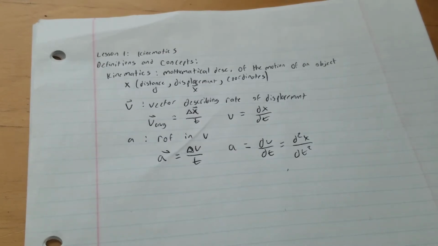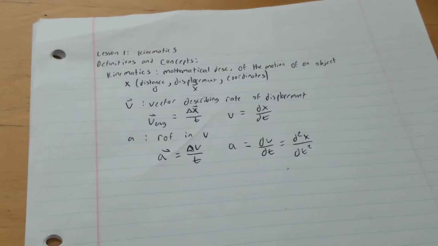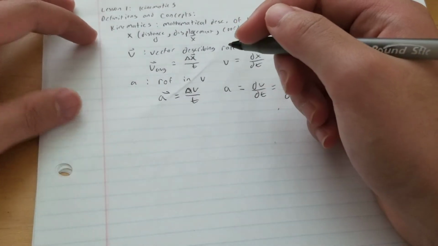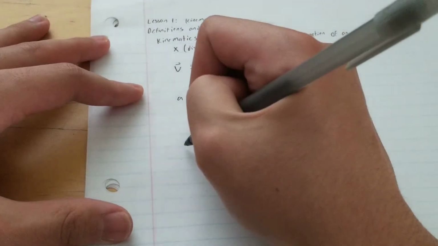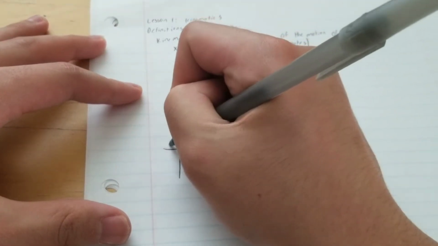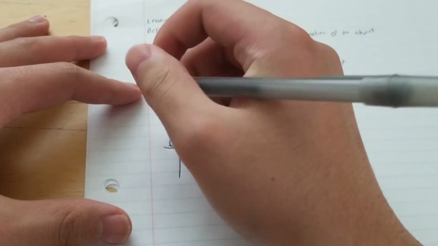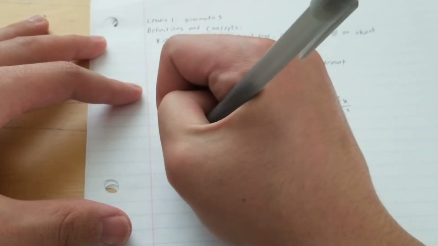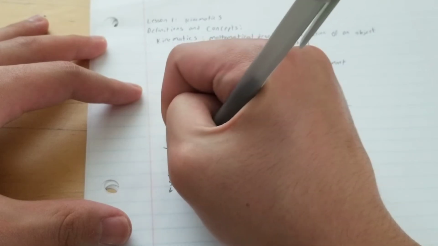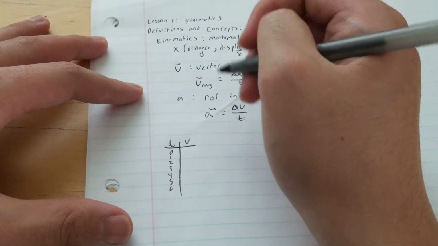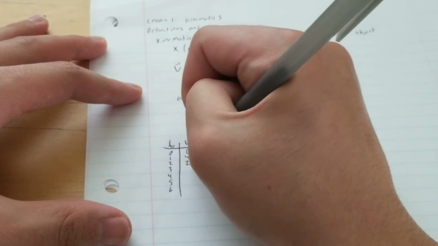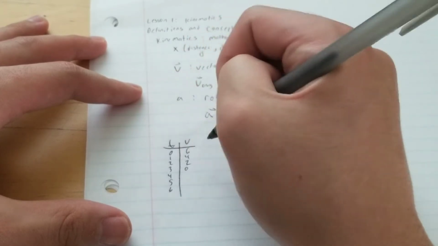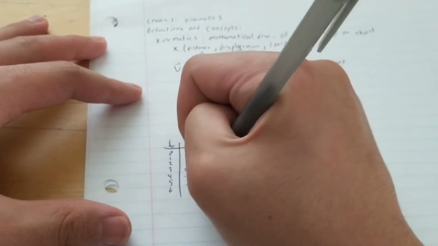So we're going to be reviewing the concepts of speeding up and slowing down. Okay, so let me draw an example. Say this is t and this is v. 0, 1, 2, 3, 4, 5, 6, and 6, 4, 2, 0, -2, -4, -6.